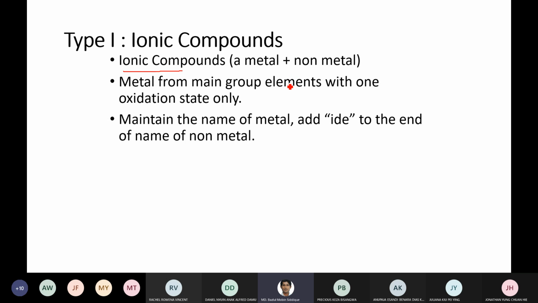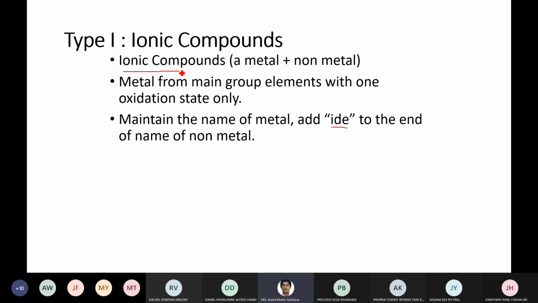It will not have +1 or +2, +1 or +3 like that. For the nomenclature of that compound, we should always maintain the name of the metal, whatever metal it is, and then we will add IDE to the end of the name of the non-metal.